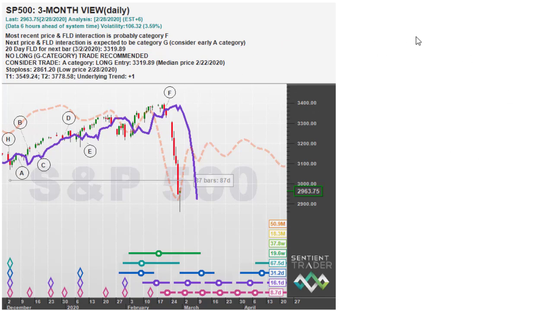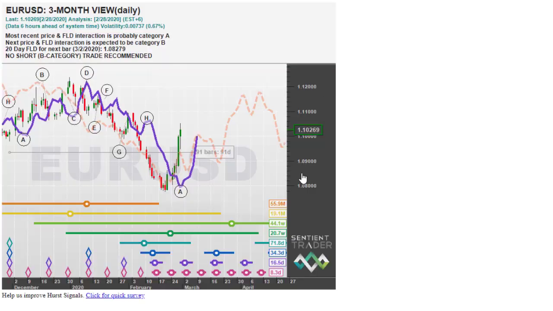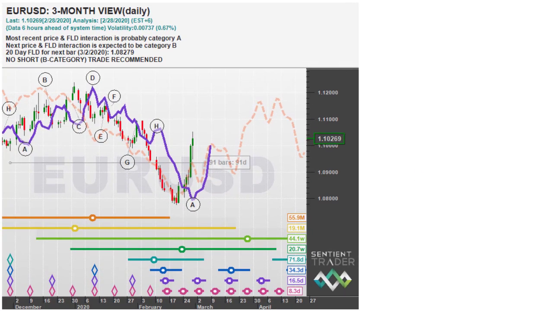Let's now quickly take a look at some of the other instruments that I've spoken about recently. Euro US dollar, let's just quickly take a look at that. I did a video about the Euro US dollar, gosh, was it last week or earlier this week? And here you can see the strong rise out of that trough. I was speaking about that rise. So that's really interesting.